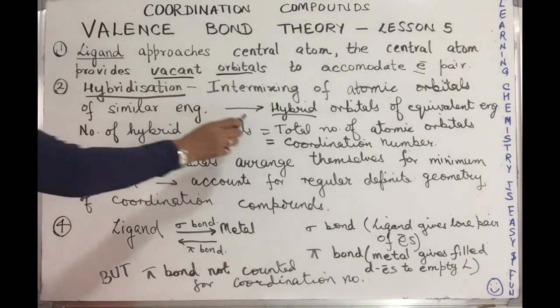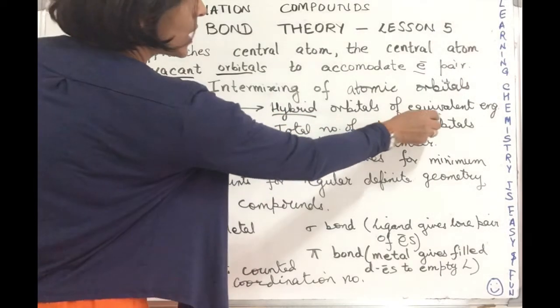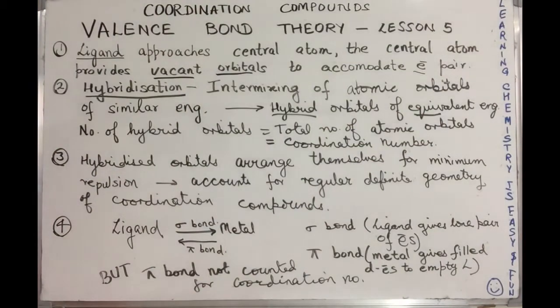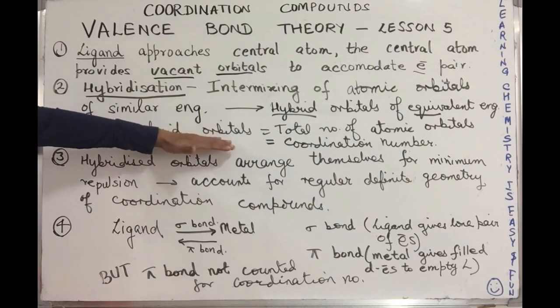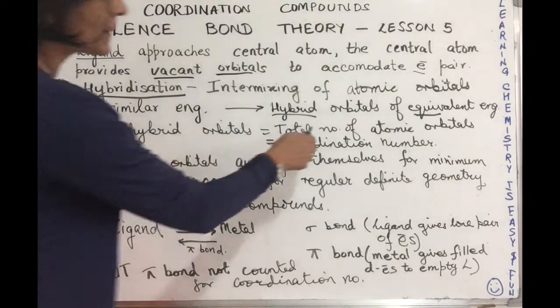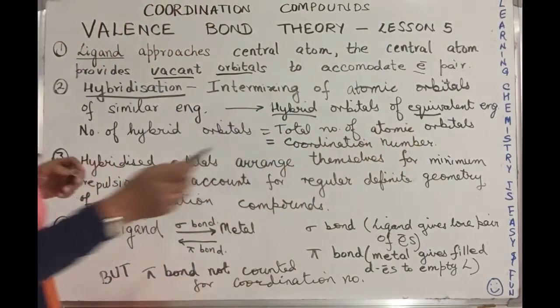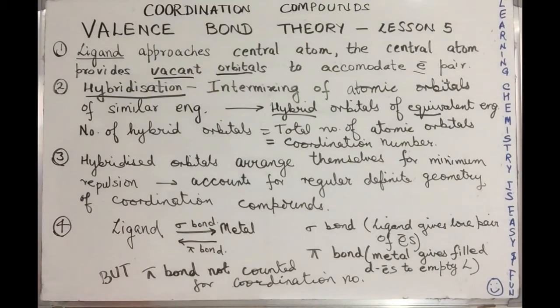Now these hybrid orbitals will have equivalent energy. Don't worry, I'm going to discuss more of this, but for those who already have a concept of hybridization in place, this will be very easy. The number of hybrid orbitals is always equal to the total number of atomic orbitals participating in hybridization.